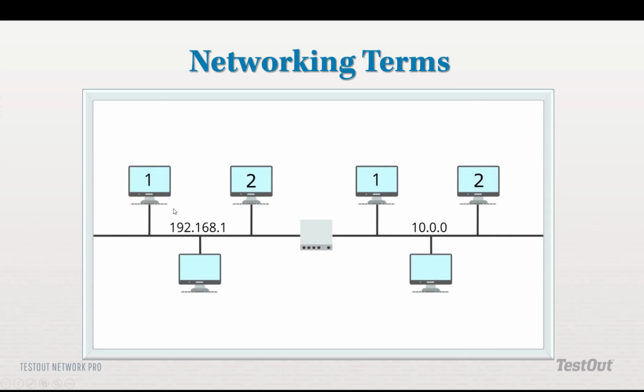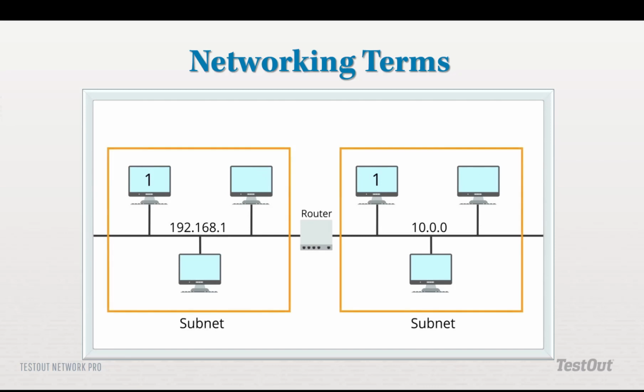So the 192.168.1 cannot find anything on a 10.0.0 network or any other network that is not part of its own. Again, you'll learn more about that. The way the two communicate with each other is a router. So a router will take the network signals from one network and route them to another network.